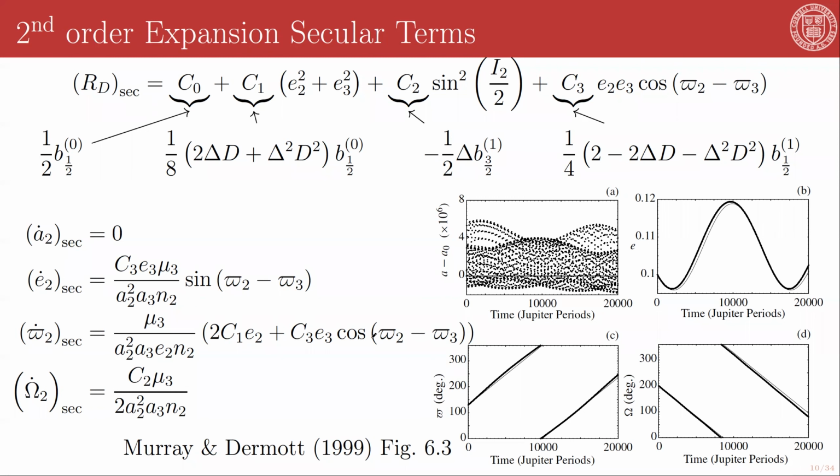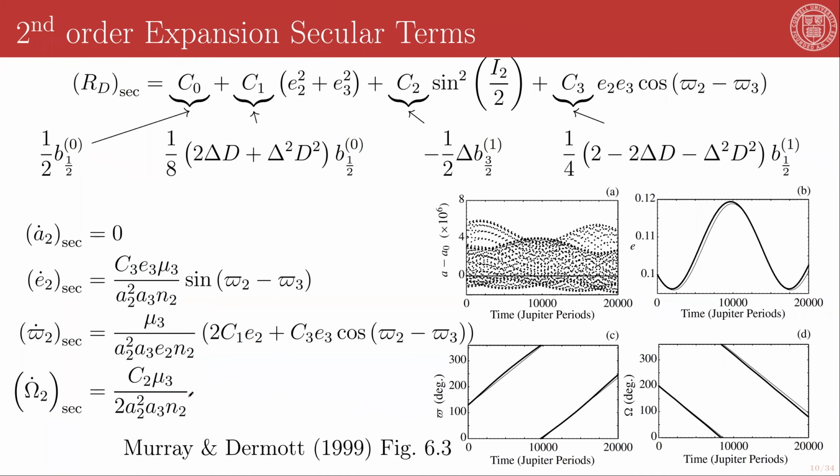It's a function of cosine of varpi 2 minus varpi 3 plus the factor of 2c1e2, where again, c1 is given by this coefficient here. And omega 2 dot is just c2 mu3 over 2a2 squared a3 n2. And the n2 here is, as usual, the mean motion of body 2.